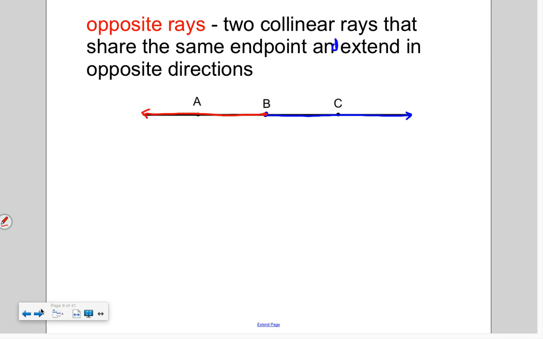These are opposite rays. When we name rays, they always go from left to right. So the endpoint's always first, the point it goes through is always second. So it always goes from left to right.